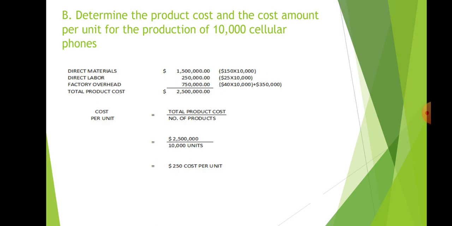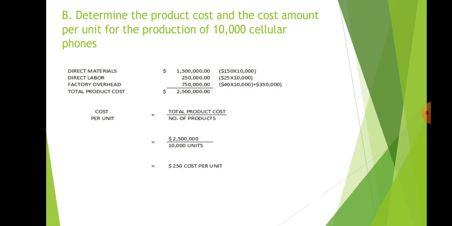These figures are already totals for 10,000 cellular phones. I get them by multiplying all the variable costs given in the problem by 10,000 units.